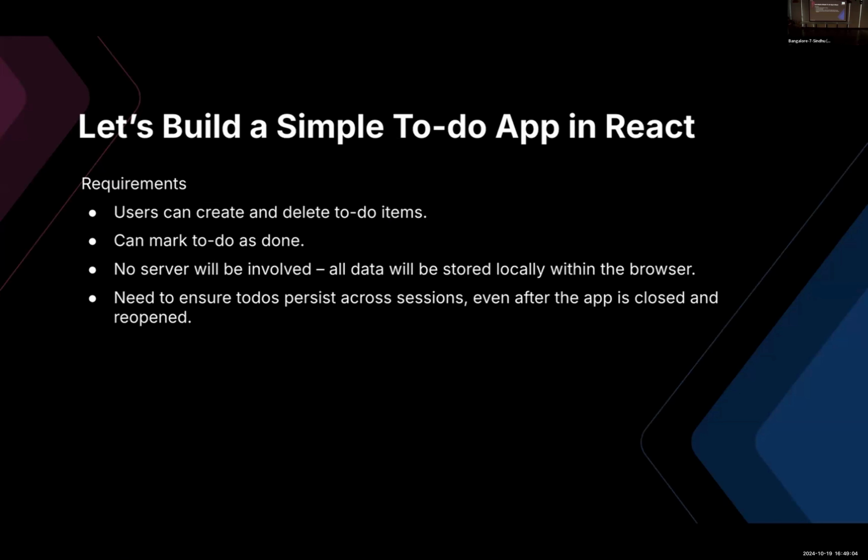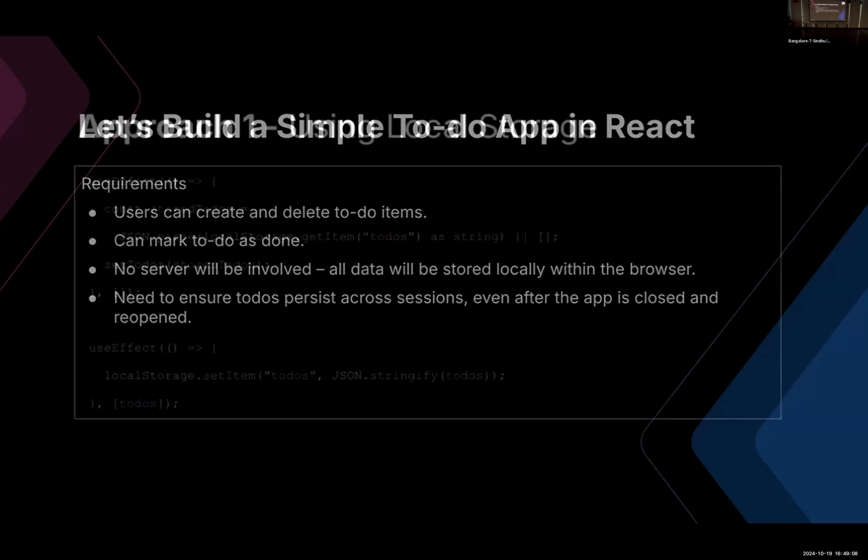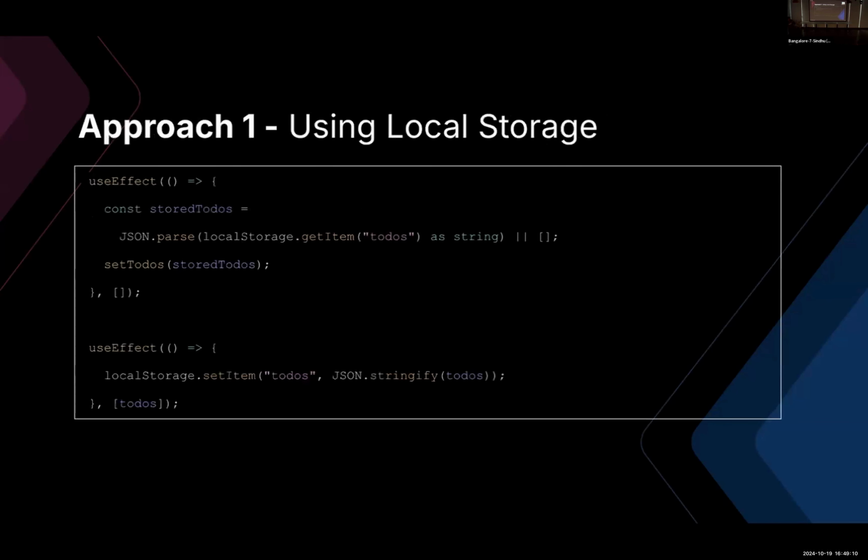If I talk about the implementation of local storage, mostly we know how local storage works. We get a localStorage window API, and we have getItem as well as setItem in it. We pass a key, and with that key we pass a stringified value to the storage.